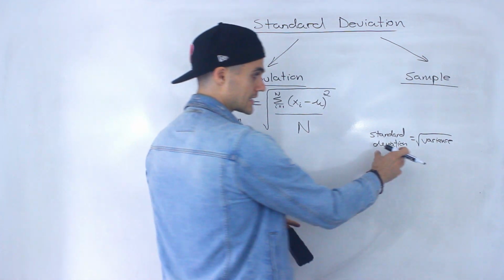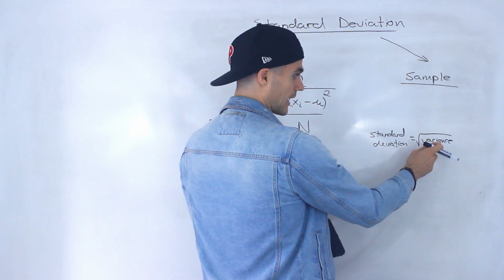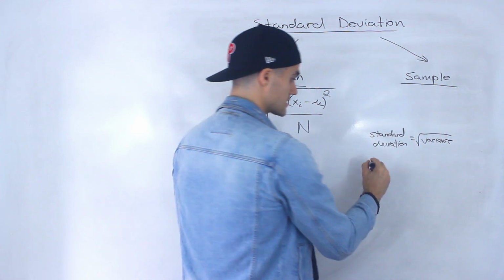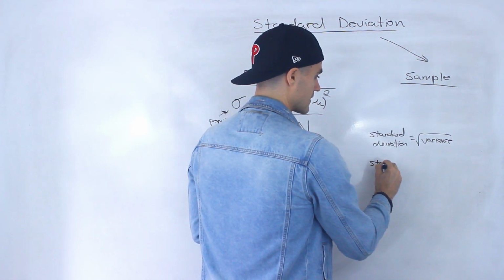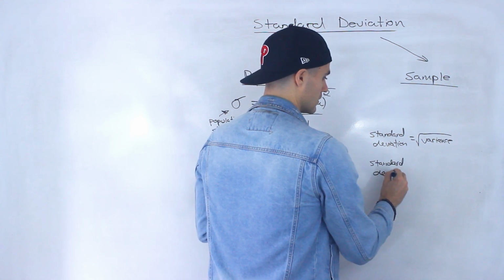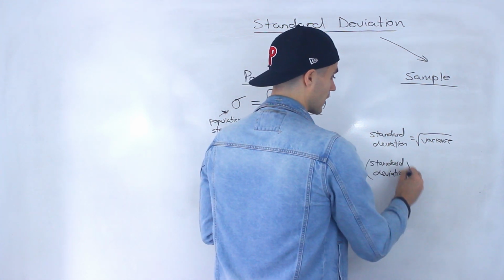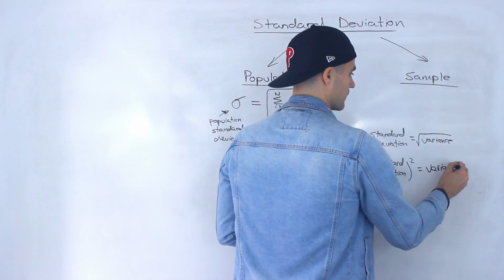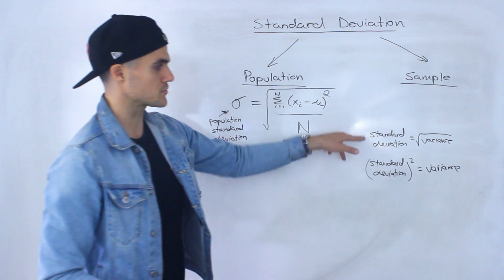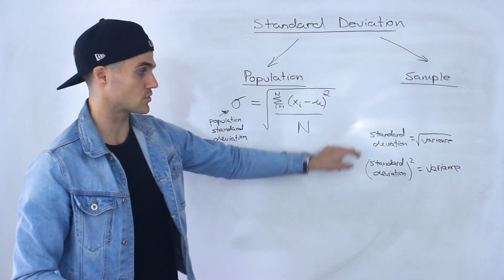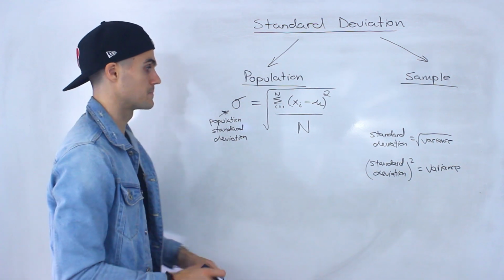Another way to write this is we can take this square root, put it on this side, so we would square both sides. So we could say the standard deviation squared equals the variance. Usually textbooks will show the relationship like this, but this is the exact same thing. Both of these mean the same thing.